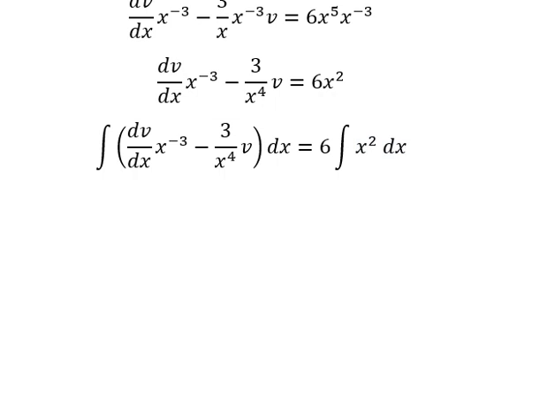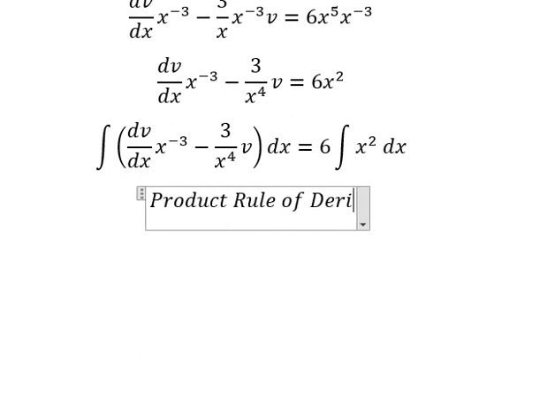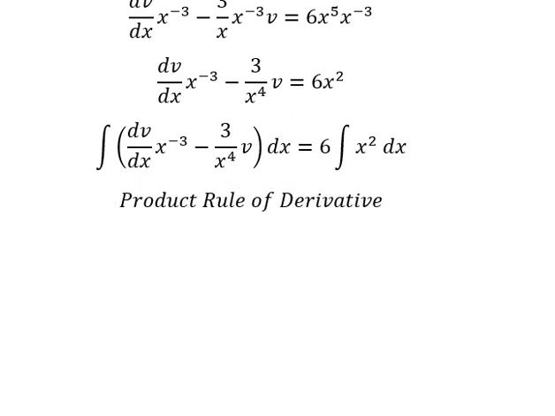So we can use the product rule of the derivative. So we have the derivative of y equals the derivative of a multiplied by b plus the derivative of b multiplied by a.